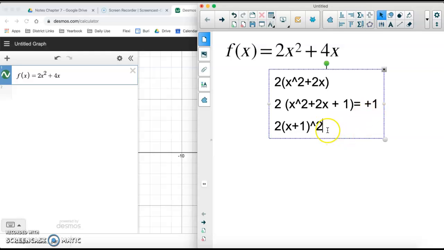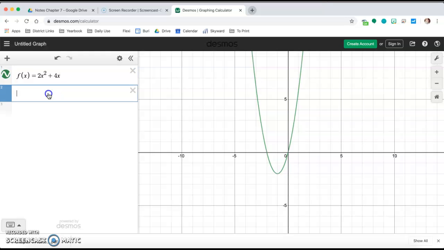And then, of course, I'm going to bring that 1 over. So I'm going to have 2 times x plus 1 squared minus 1, so I'm going to go over here quick, put that in, and say 2 times (x plus 1) squared minus 1.